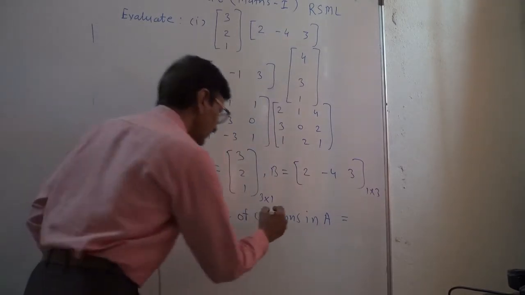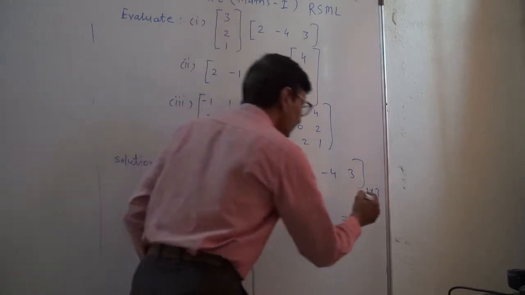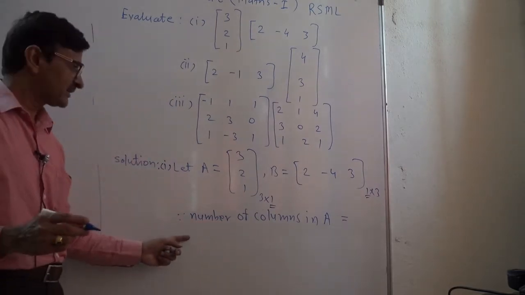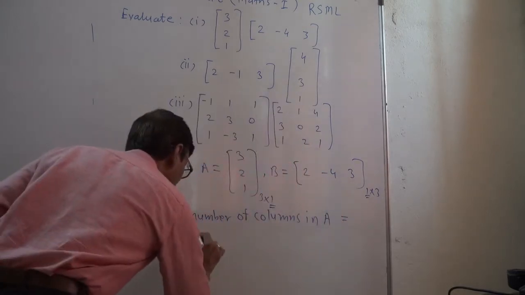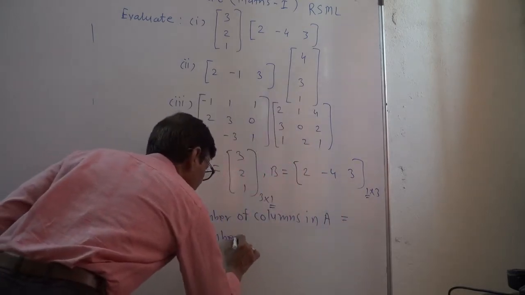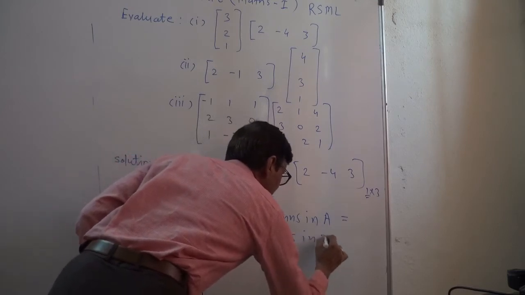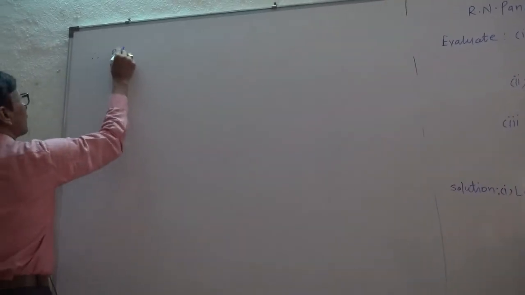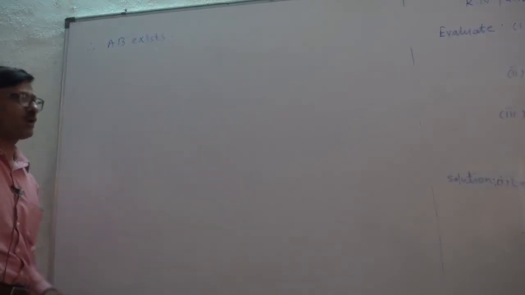Only one column. The number of rows in B is also 1. So the condition for product AB is satisfied, that is, the number of columns in A is equal to the number of rows in B. Therefore the product AB exists. Now we have to find it.